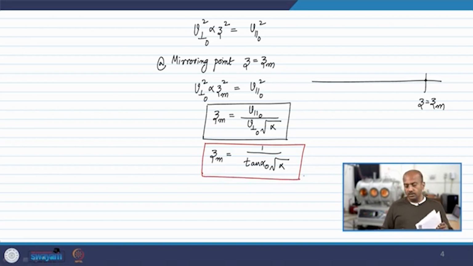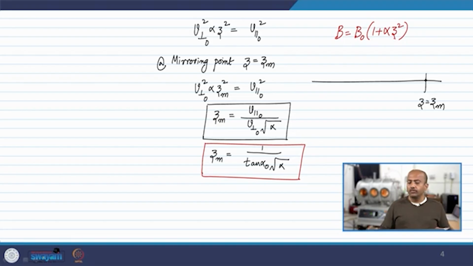Now, what you have to understand is that alpha naught is the pitch angle and alpha is just a constant. Alpha has no relation whatsoever to the rest of the variables. Alpha simply denotes the speed with which the magnetic field is increasing along the Z axis, because we have defined the magnetic field B as B naught times 1 plus alpha Z square.